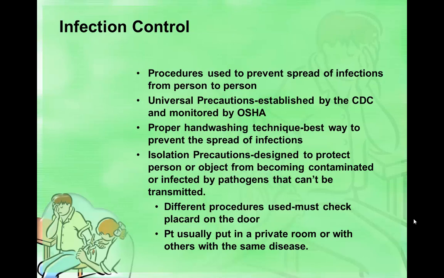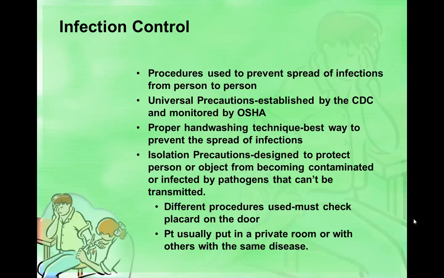Some patients will have isolation precautions. This is designed to protect the person or object from becoming contaminated or infected by pathogens that can be transmitted. If a patient is in isolation, you will see a cart outside their door. Ask the nurse or check the chart to find out why the patient is in isolation and follow the procedures to protect yourself.